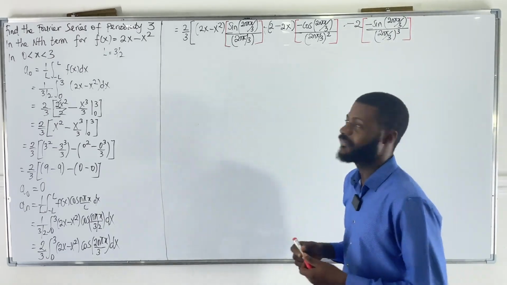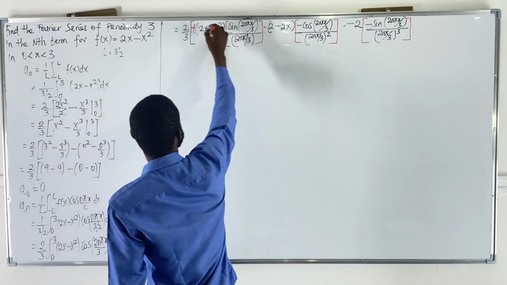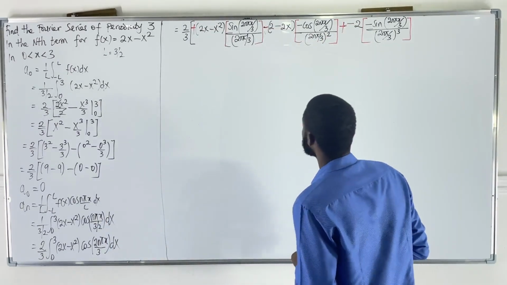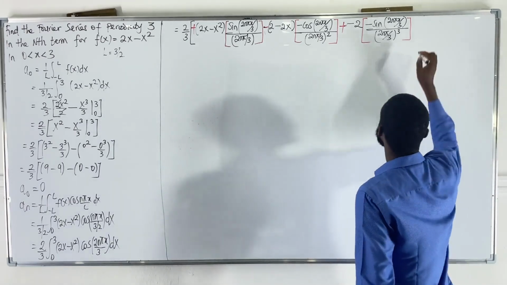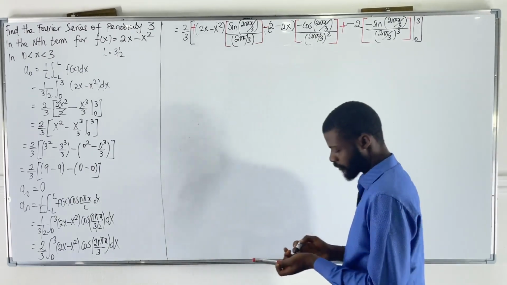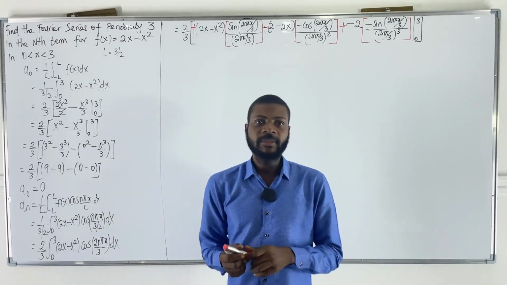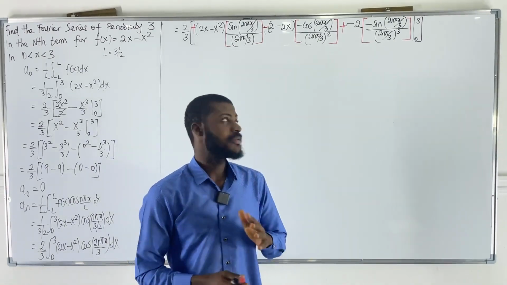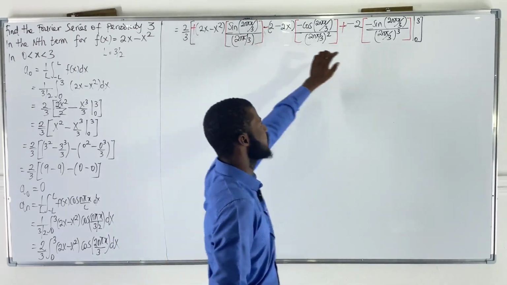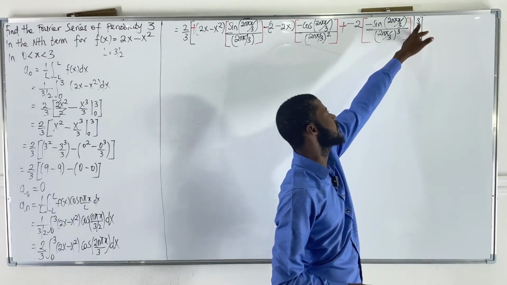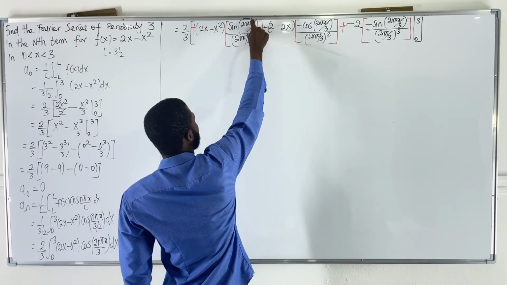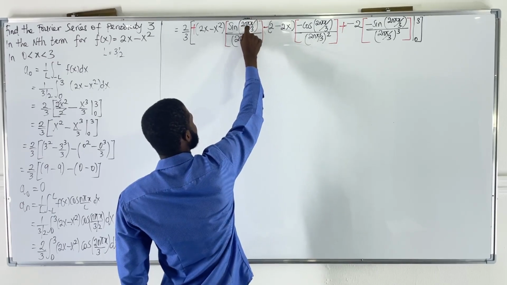And the correct sign for this is plus, minus, plus. Then our interval is from 0 to 3. Now let me save myself some time. This is sine, and this is my limit that I'll be putting. This is 3. If I put 3 over 3, that will give me 1. 1 times 2n pi is 2n pi.